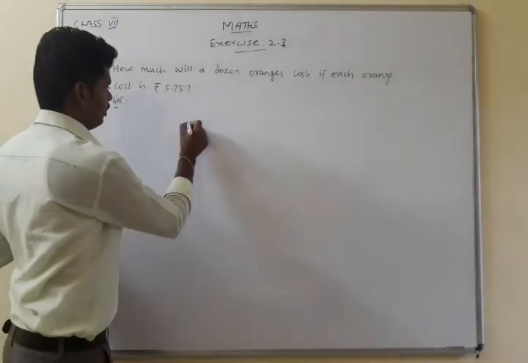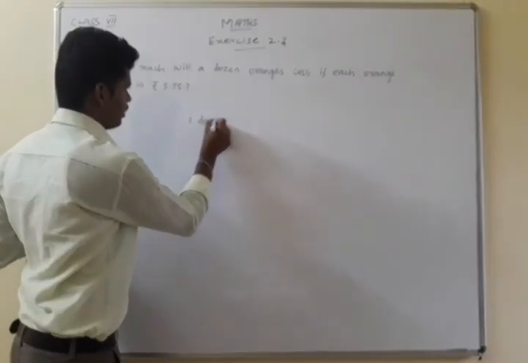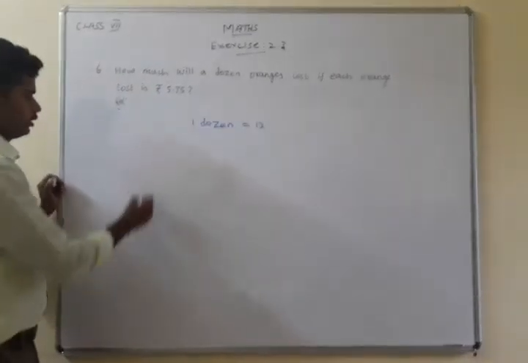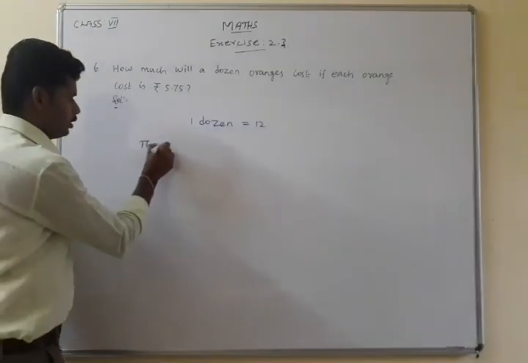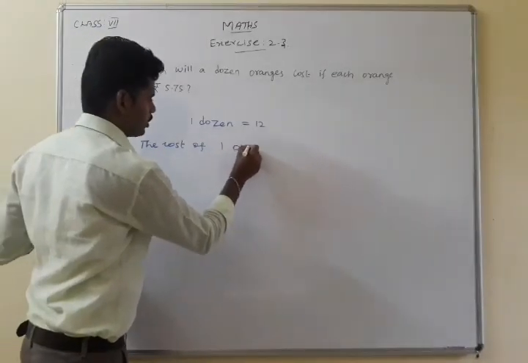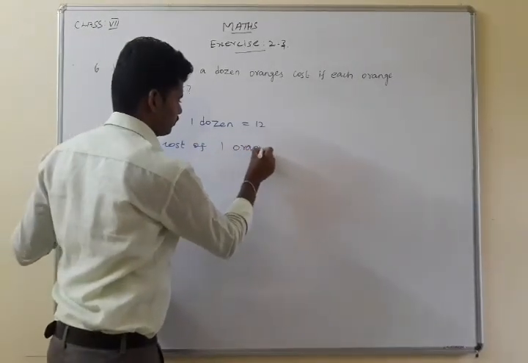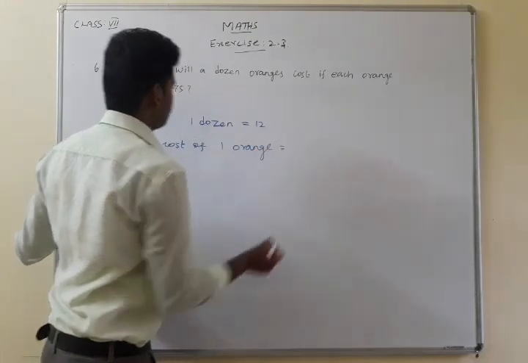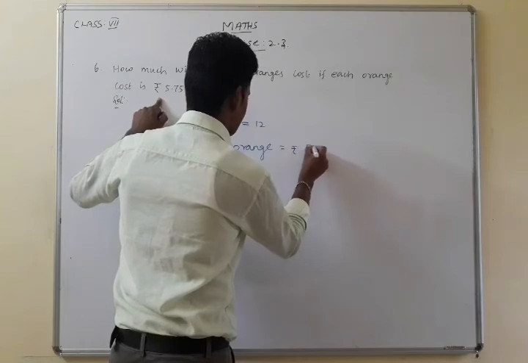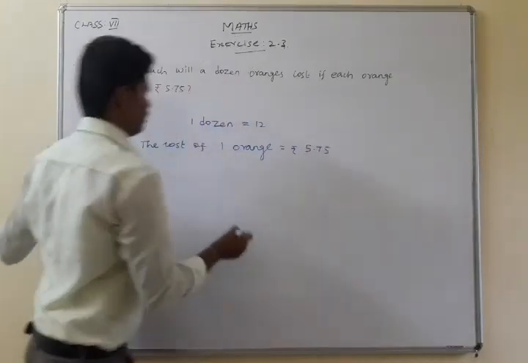Here 1 dozen equal to 12. So the cost of 1 orange, how much? Rupees 5.75.